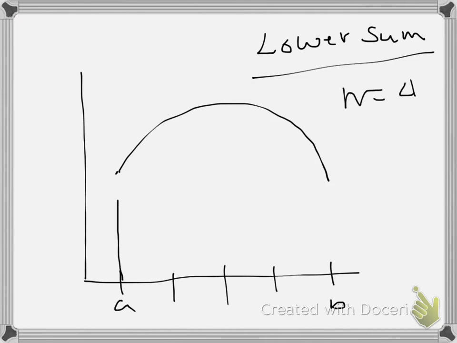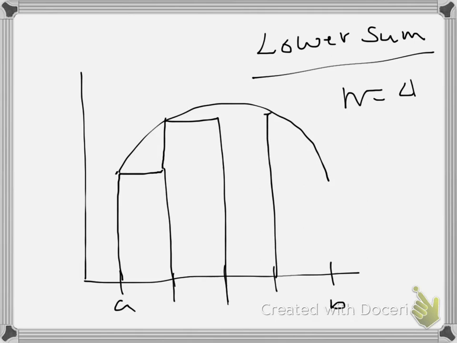This time what we do is we go up to the lowest point on the graph, come across like that. This one's going to look like this, this one's going to look like that as well, and this one's going to look like that. It's a lower sum because we're using the lowest value on the interval. Again, it's not a right-hand or a left-hand sum because over in this area we're looking at the left side, and over here we're looking at the right.